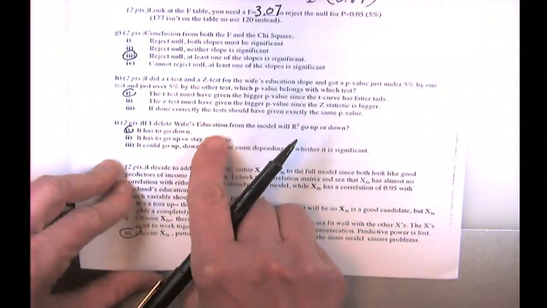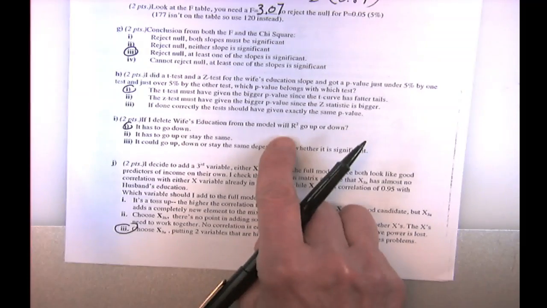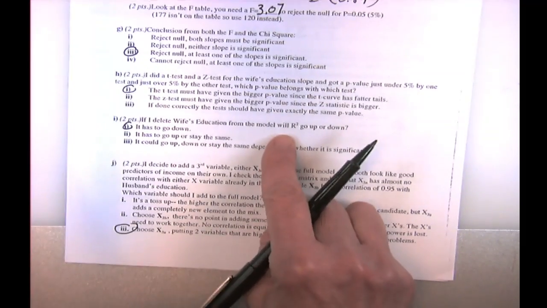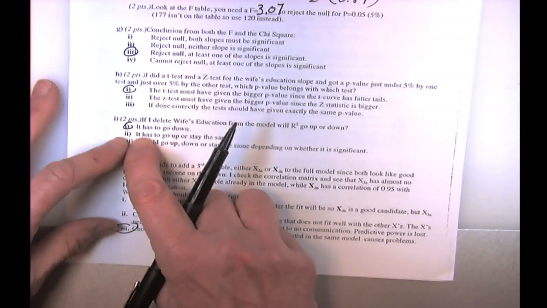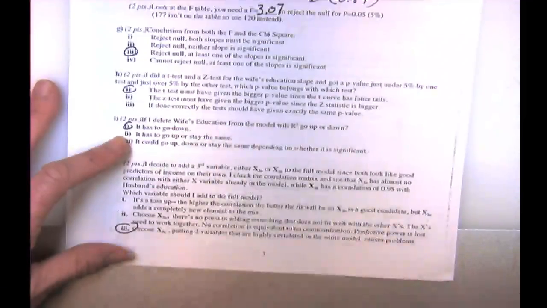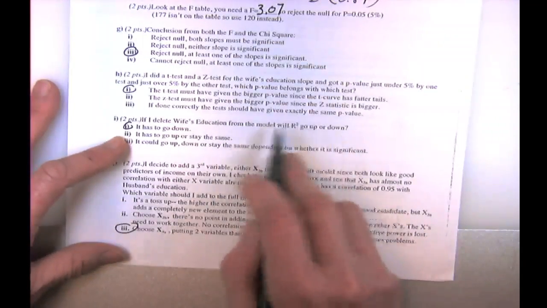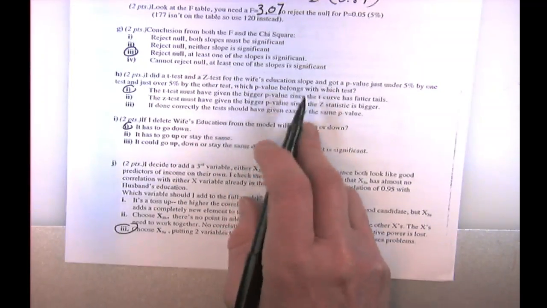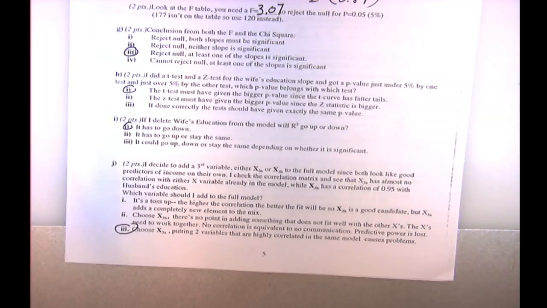But if you delete the wife's education, then R squared is going to go down. If they were completely uncorrelated, it would stay the same. But a lot of people chose double I because I think they were used to thinking, oh, if you add another variable, R squared has to go up. Well, if you delete one, it has to go down or stay the same. It can't stay the same because you already know it's correlated with the Y variable.